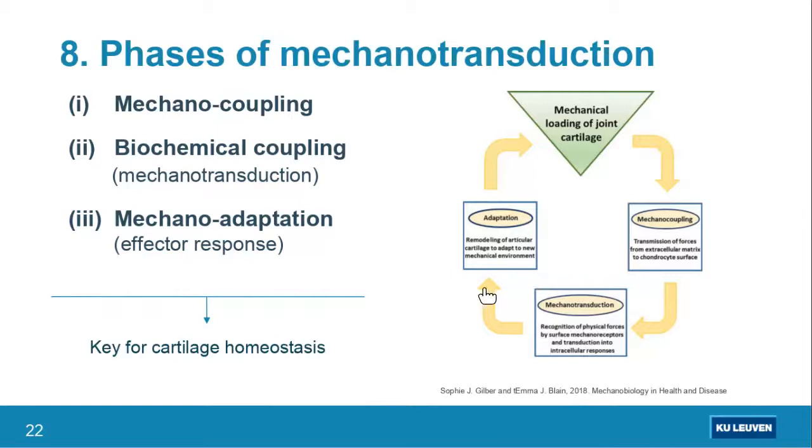So as you can imagine, this entire process of mechanotransduction with its different phases is key for ensuring that cartilage homeostasis is maintained. But not only these independent processes are required, but also different elements in each phase of the process need to be working in a perfect way to ensure that these mechanical stimuli are perceived in a correct way to help maintain cartilage homeostasis.